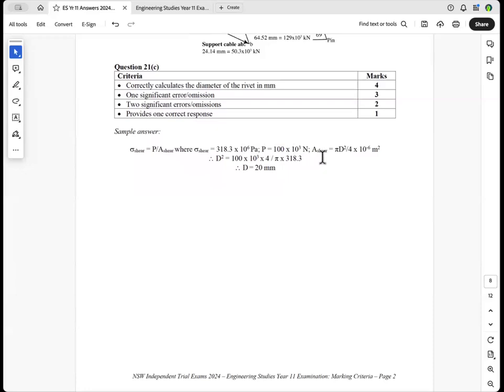And the area of shear, I just used D, so it's pi D squared on 4, which is exactly the same as pi R squared, multiplied by 10 to the minus 6 to bring it to meters squared. You get D squared as the subject. That's a bit of mathematics for you there. So the answer here is 20 millimeters. And I was pretty pleased. Most of you got that, which is good.